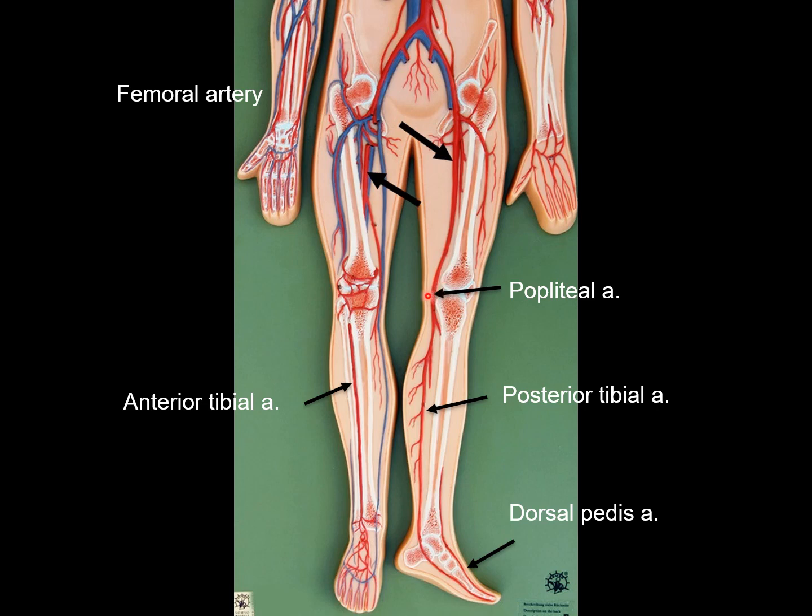And then once it hits the knee, it's going to branch, okay? So it's going to throw an anterior branch and continue as a posterior branch. So we have the posterior tibial artery coming down. Then we have the anterior tibial artery coming as a branch off that popliteal artery down the front side, okay? And then that posterior tibial is going to continue under the bottom of the foot and around, and it'll be the dorsal pedal.